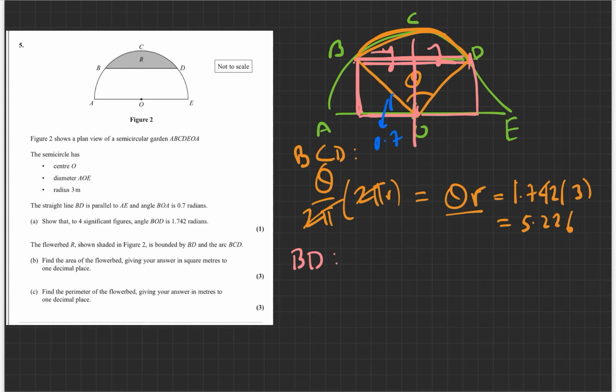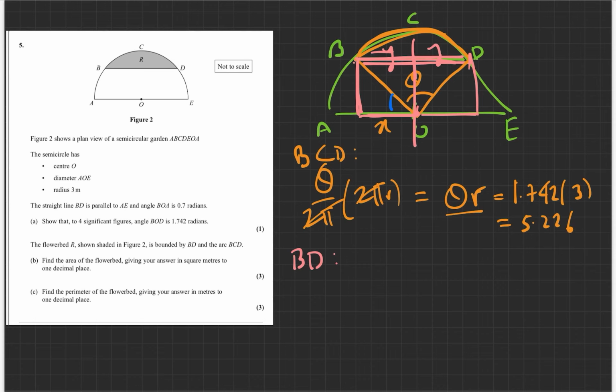So I just need to use basic Pythagoras theorem to find this length, right? Which basically is this length. And then once I get this length, I just have to multiply by 2 to be able to get the whole BD. Okay. So what I'm going to do is I'm going to find this length first. Okay, this X length here. Let me clean this up. So I'm going to find X.